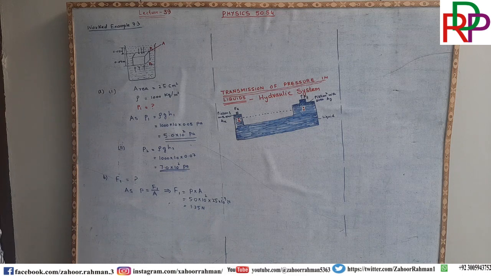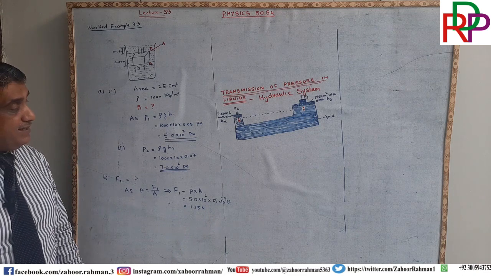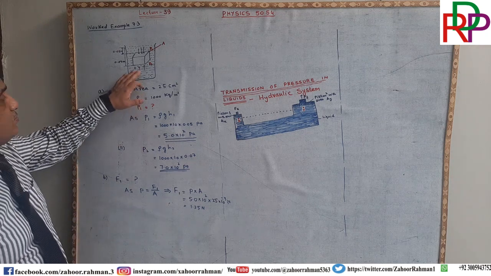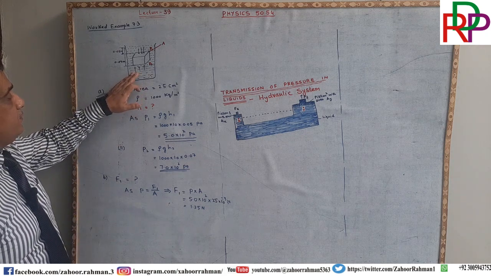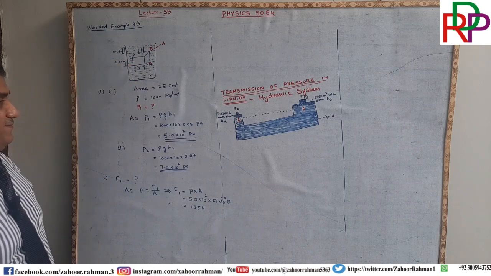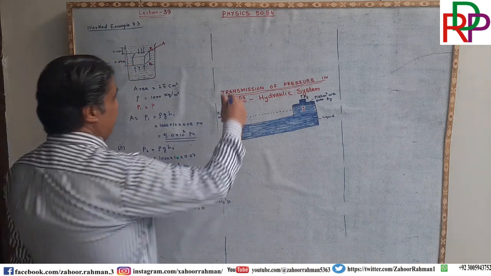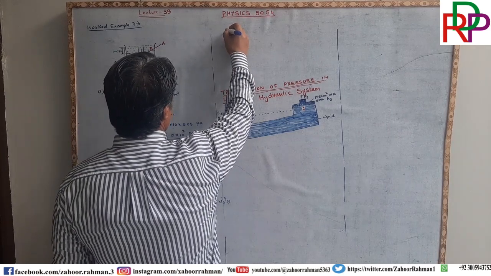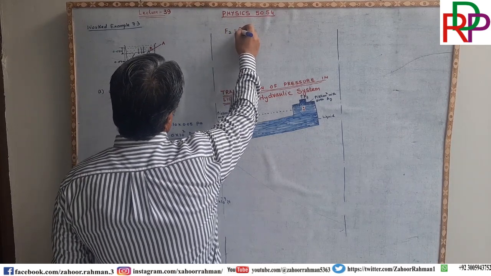Ladies and gentlemen, in the second part they wanted us to find the force exerted by the liquid at the bottom surface. So we have to find F2 in this case.